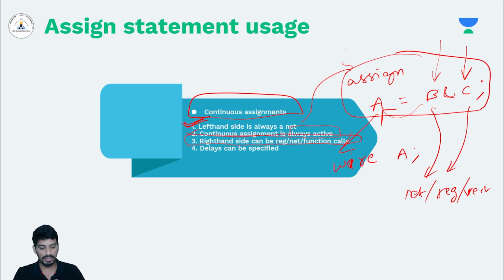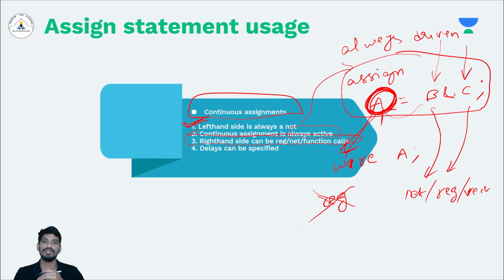So we call this as always driven. So the output is always driven. That is the reason why we should use the output as a wire, because we know wire is the data type that allows always driven outputs, but not the register. In case of register, you cannot have always driven property. That's why we will use the wire as a data type for the left hand side of the assign statement. Okay. And you can specify the delays.